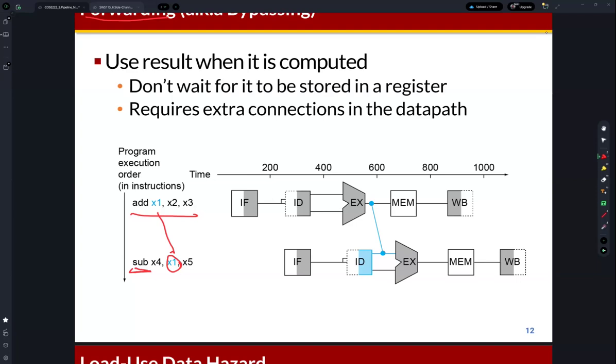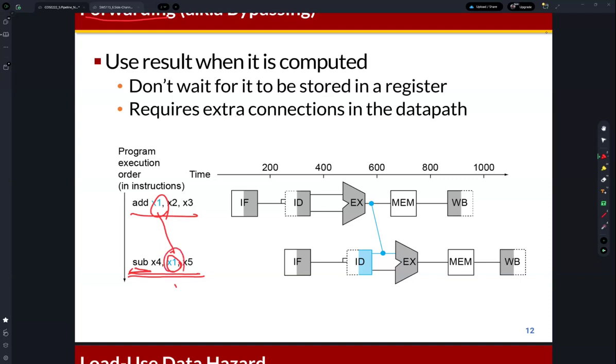For this case, we learned that clock cycles need to be wasted, right? But let's see when the result of the first instruction is generated. When the following sub instruction requires X1, it needs to read this X1 data from the register file.